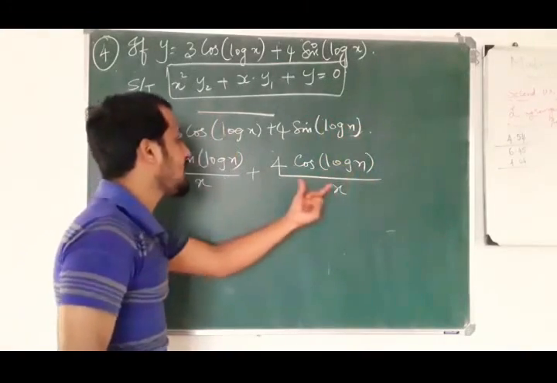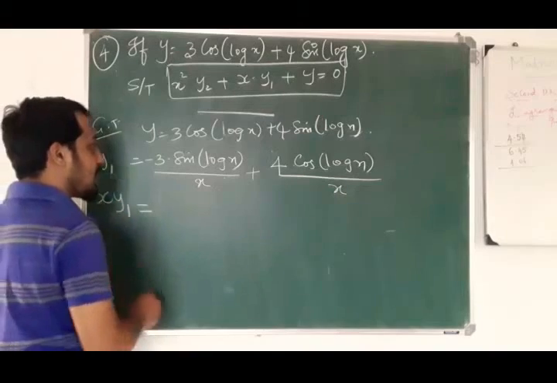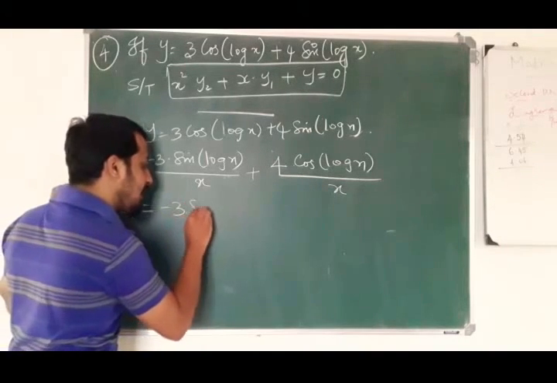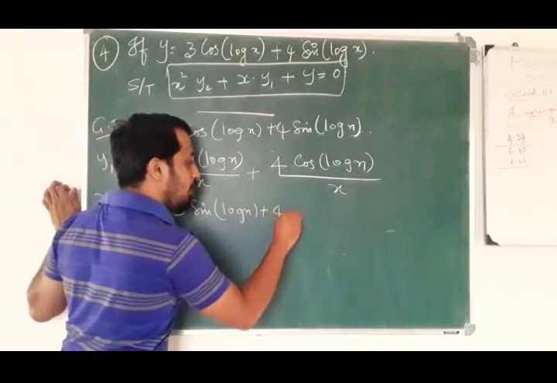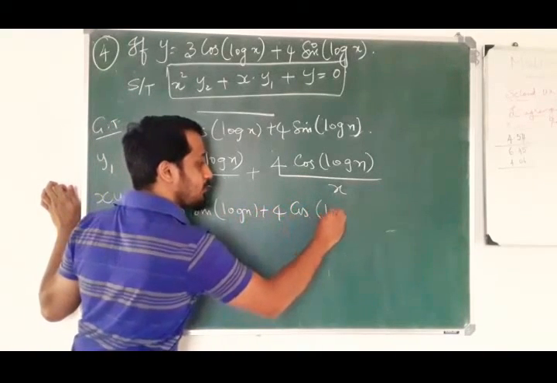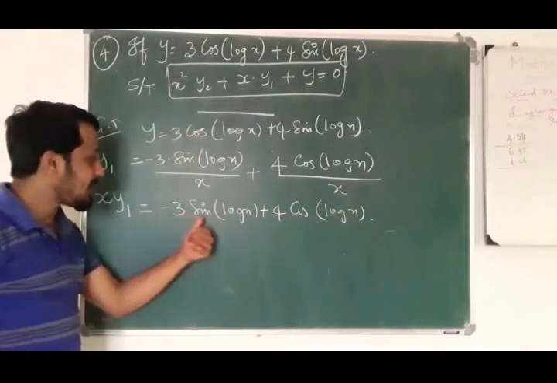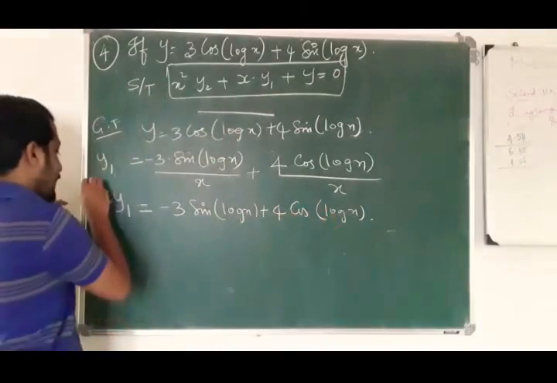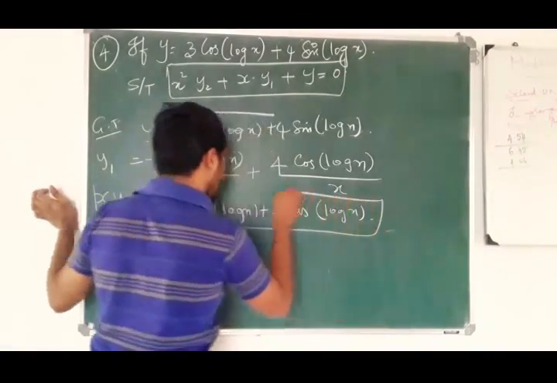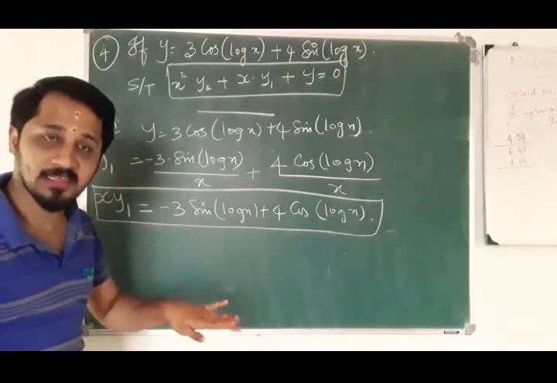I am going to take this x over to the left hand side. So x into y1 is equal to minus 3 sin log x plus 4 cos log x. Now this is nothing but x into y1, x into dy by dx or x into y dash.